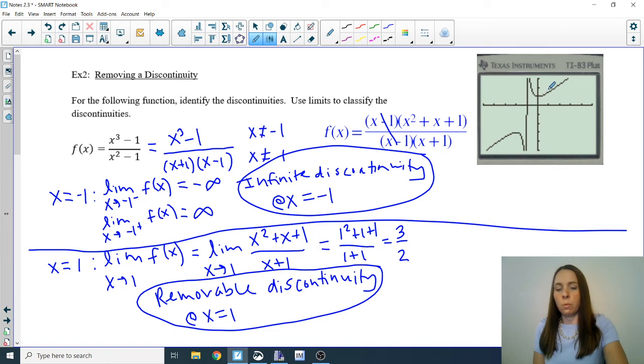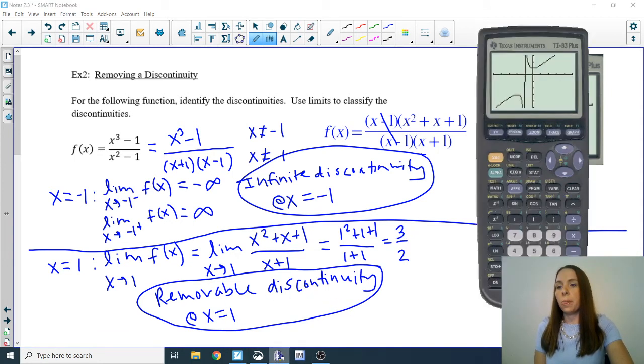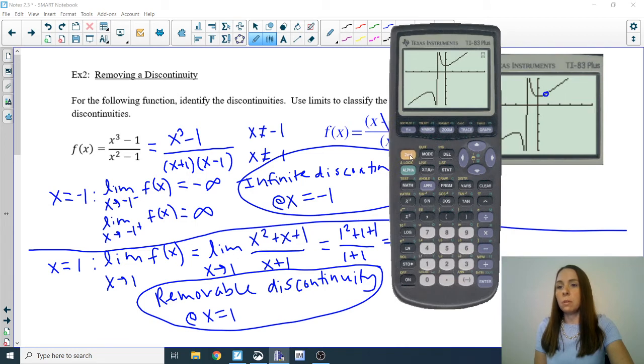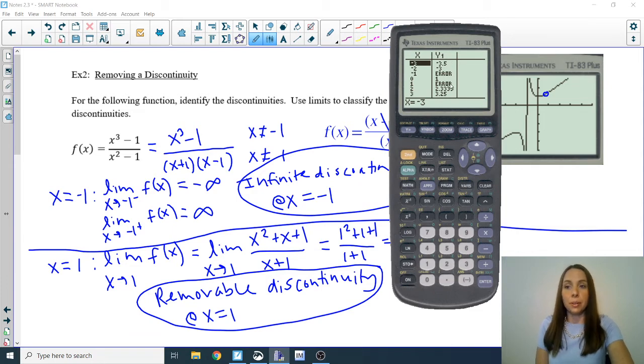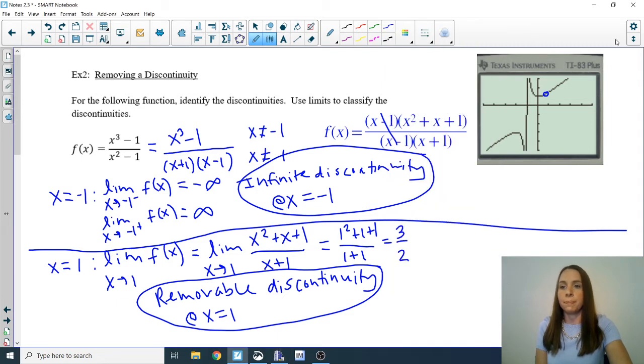So if you were to sketch this graph for yourself, you should be putting a hole at the point (1, 1.5), because that was the limit value, 3/2, 1.5. I do want to show you, however, that if you look at the table, you do see that there are two places where there is an error in the y column, and so that would indicate that there is a discontinuity both at x equals -1 and x equals 1.